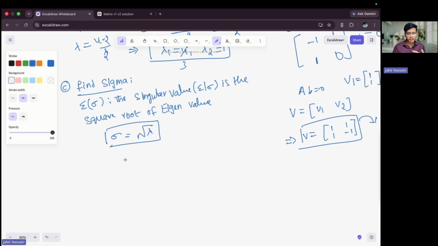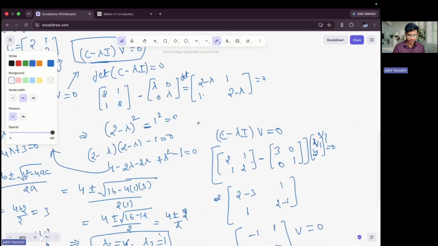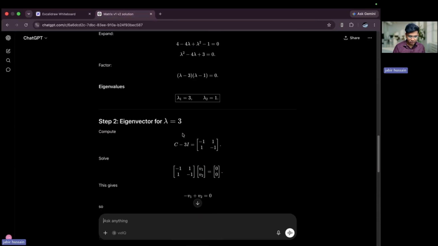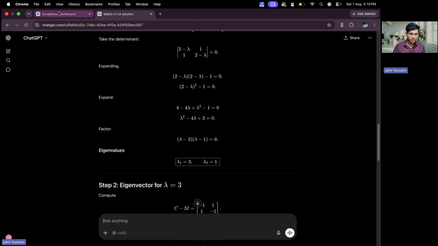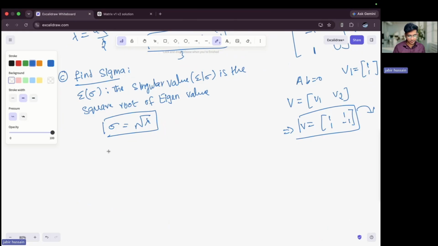Now after calculating here, the eigenvalues are 3 comma 1. So here we'll get two sigmas. Sigma 1 is root of lambda 1 and sigma 2 is root of lambda 2. So sigma 1 is equal to root of 3, and sigma 2 is equal to root of 1.